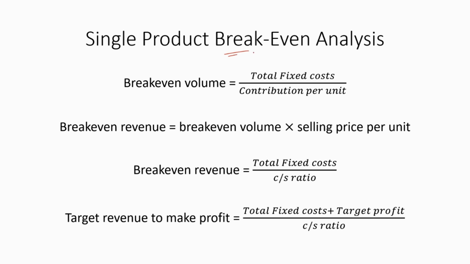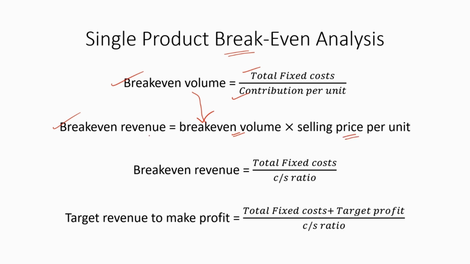And these are the formulas we discussed under single product break-even analysis. We can calculate the break-even volume by dividing the total fixed costs by contribution per unit value. And using this break-even volume value, we can calculate the break-even revenue, which is equal to break-even volume multiplied by the selling price per unit.